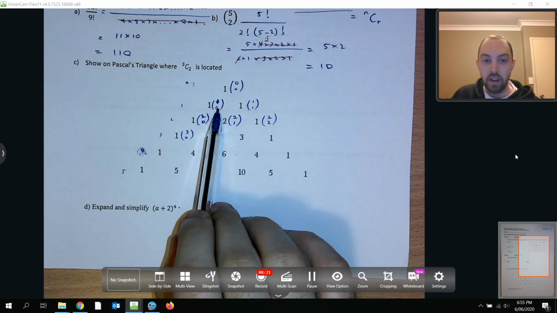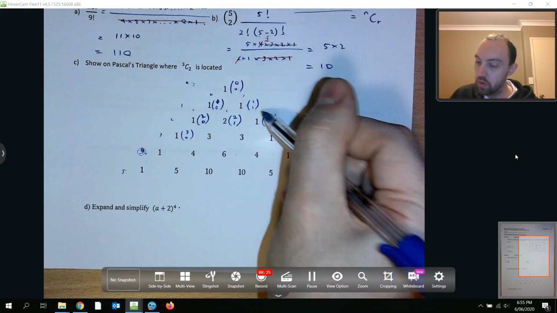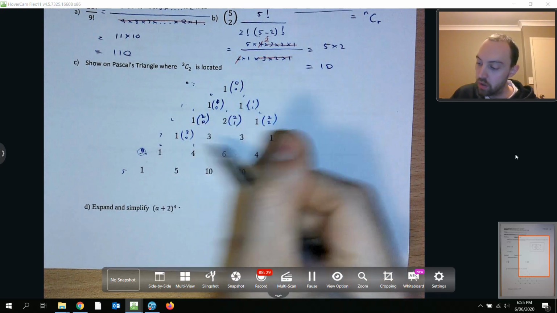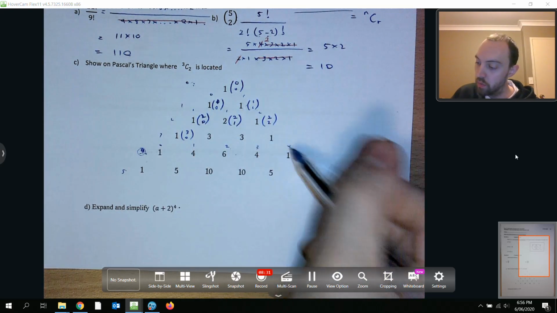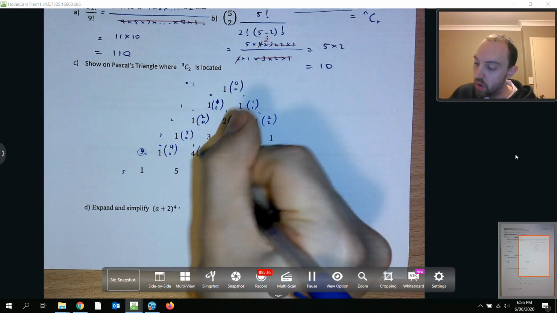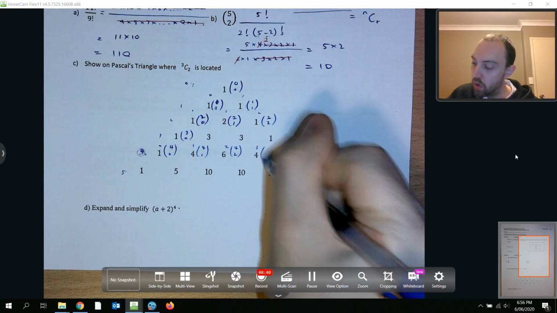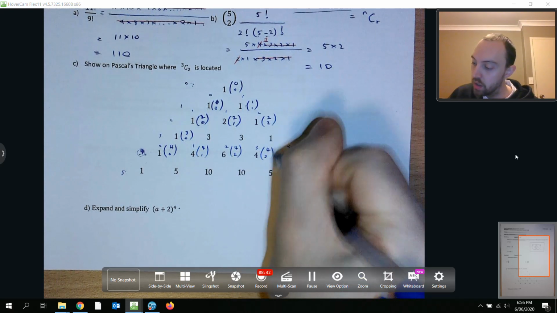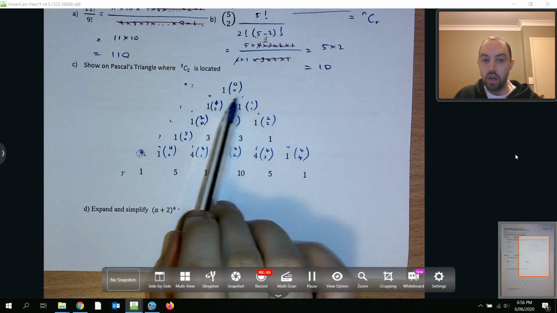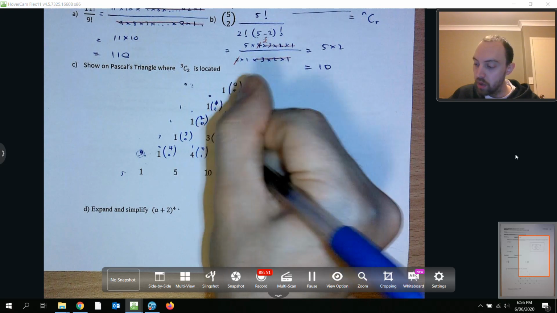The left side always starts with 0, so 0, 1, 0, 1, 2, and so on. 0, 1, 2, 3, 4, or 4 choose 0, 4 choose 1, 4 choose 2, 4 choose 3, 4 choose 4. Okay, so our Pascal's triangle links directly to our choose function. I may as well finish up this row now that I'm here.